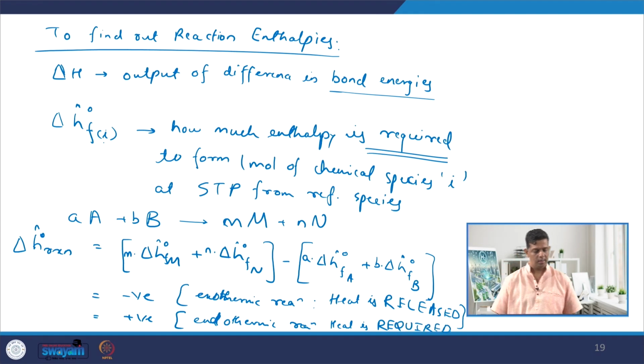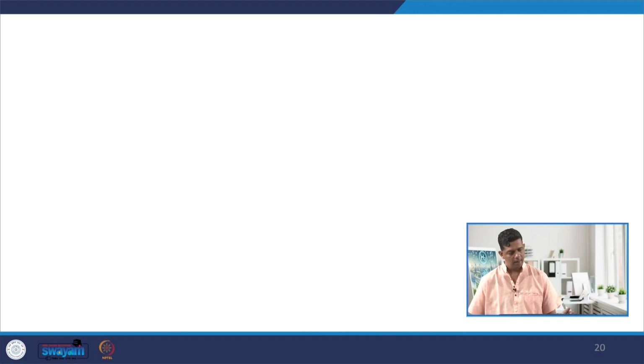Right. So this is the difference. If the enthalpy of reaction is negative, it will do some work and also release the heat. So let us also understand on what factors this enthalpy of the reaction depends on.